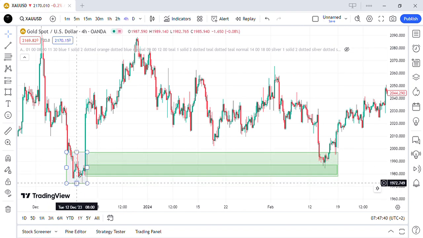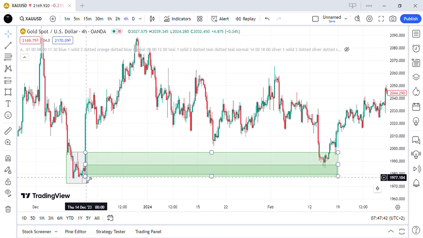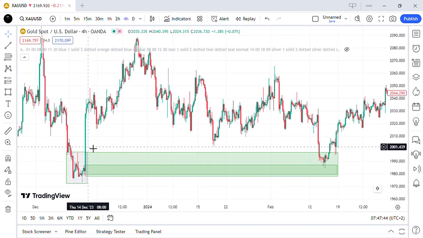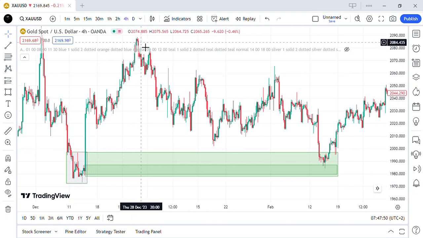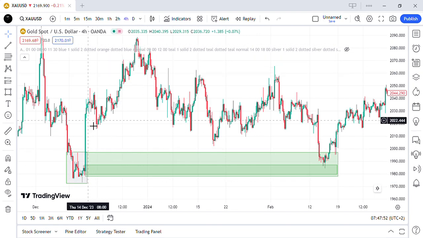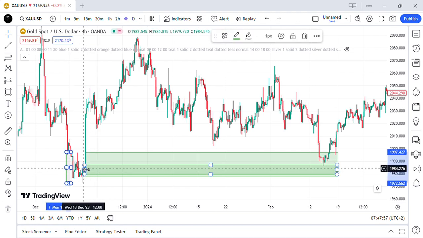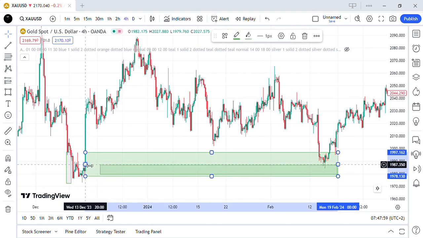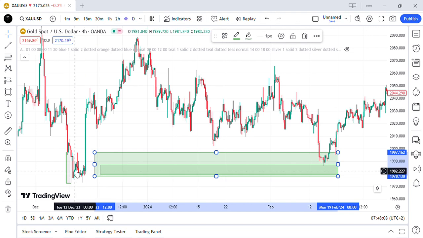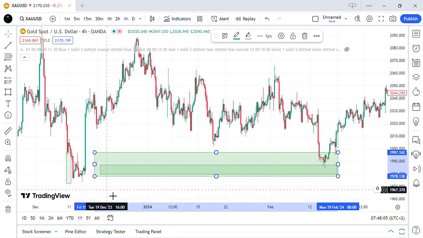Price was consolidating over here. Then impulse movement. See this candle? The impulse movement from here to here left an imbalance. Let me remove these things for a second. See, this red candle, we say it's a doji candle.